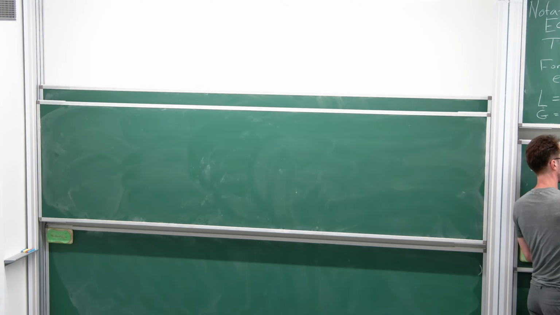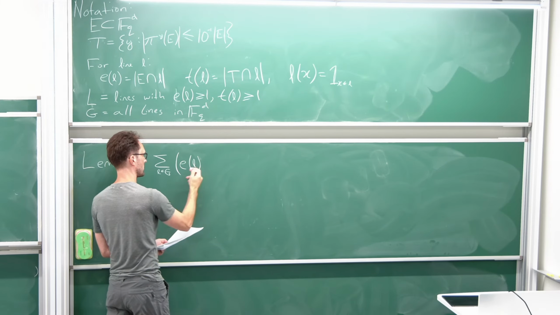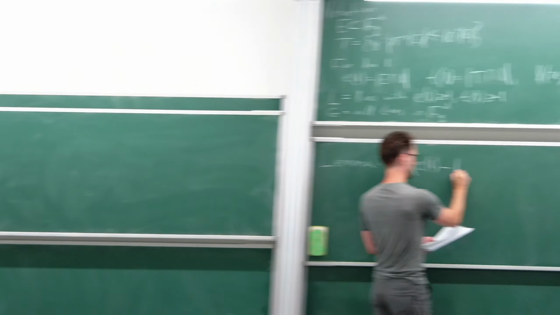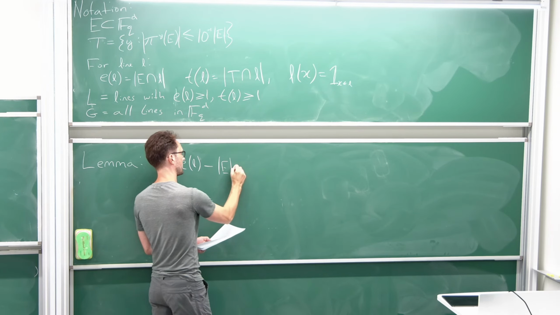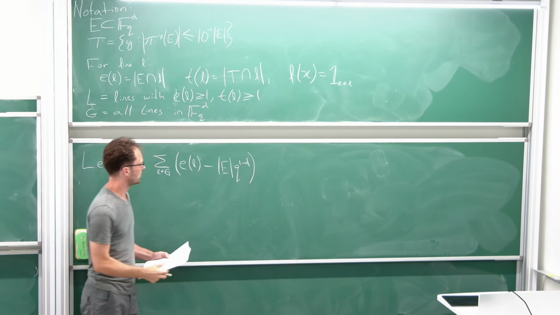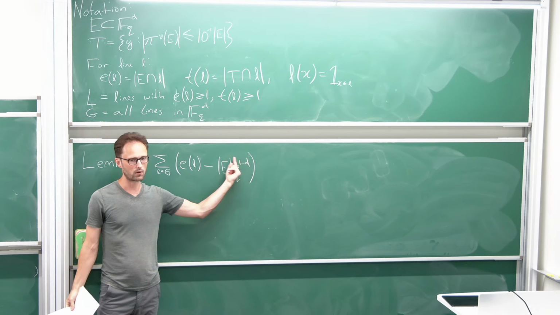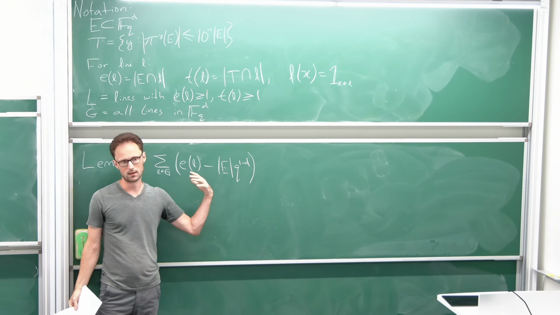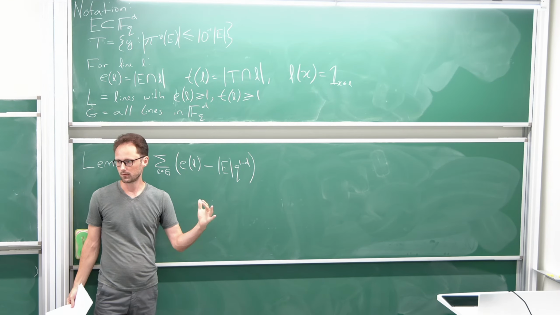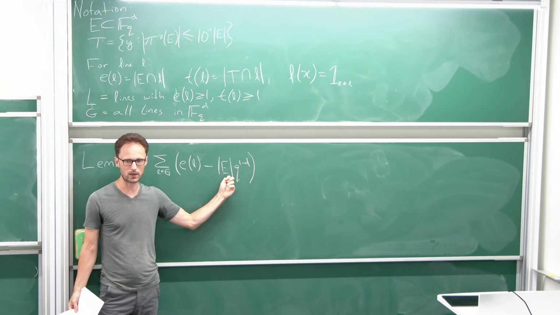We take a sum over all the lines of the number of points on that line minus the expected number of points. So E is some finite set. This is the number of points that you would expect if you chose a random line.